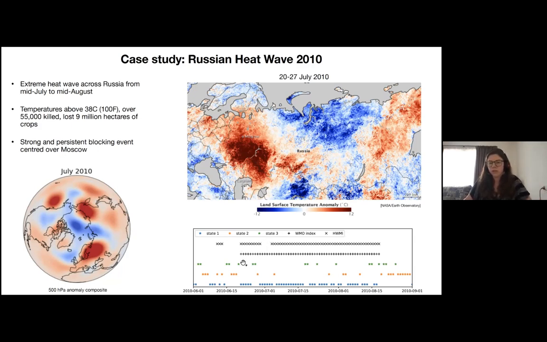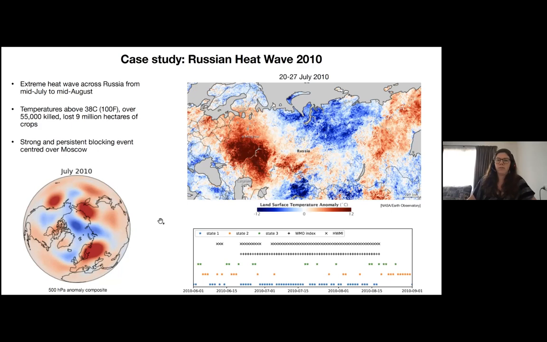The heat wave maybe starts in mid-June here, but then it dies off, and then it really kicks back up in July and takes us all the way through. And we see that our model really wants to sit in state 1 during that whole time period, which is characterized by a large high pressure anomaly, more or less in that region.